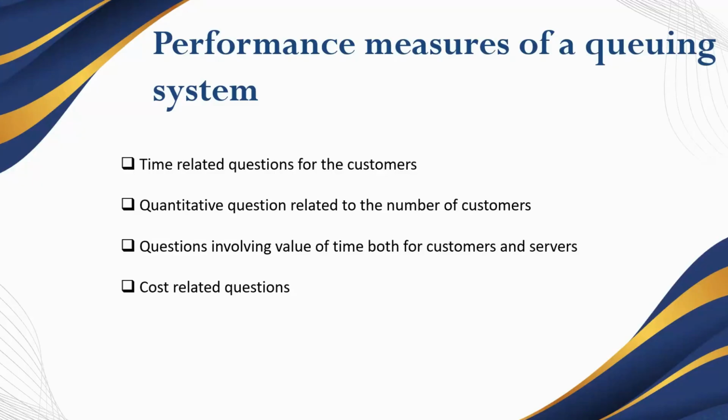This is the proportion of the time that a server actually spends with the customer, the fraction of the time the server is busy. What is the probability of a customer being in the system when it is in steady state conditions? The probability of service denied when an arriving customer cannot enter the system because the facility is full.